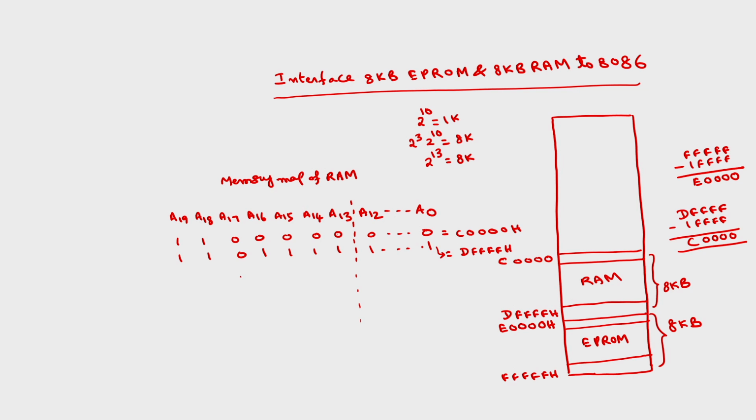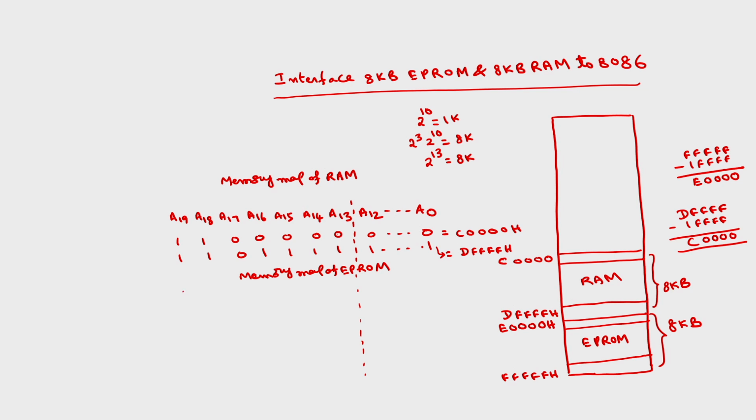Similarly, what is the memory map of the EPROM? The starting address is E0000H.